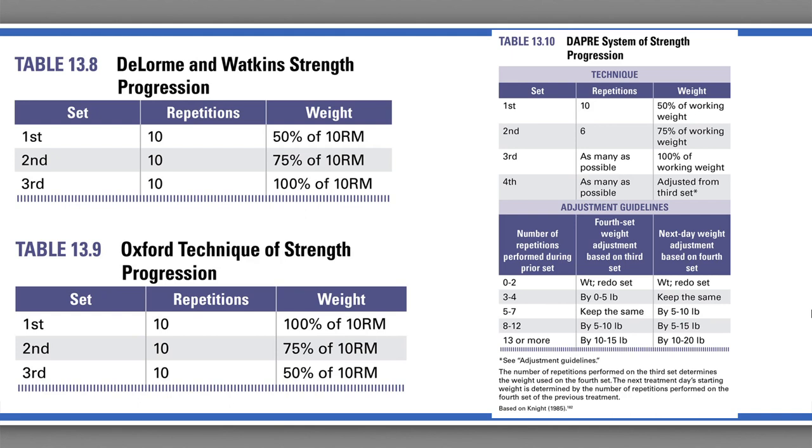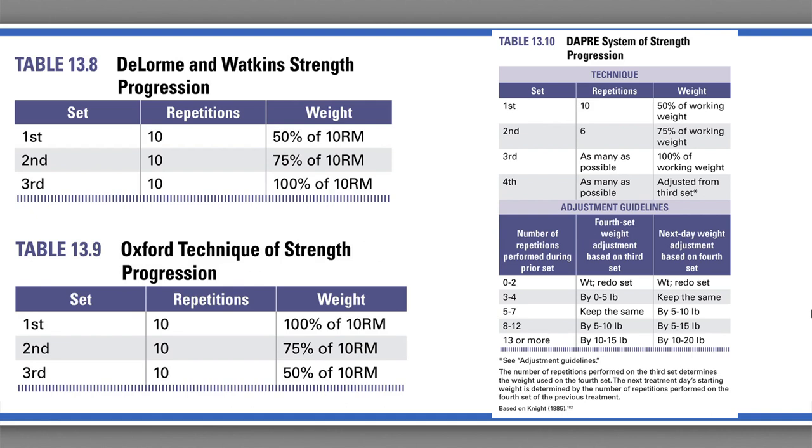Now, finally, you can see that the daily adjusted progressive resistive exercise program is laid out on the right side of the screen. Now, it does mirror the DeLorme-Watkins strength progression in that the percent of working weight actually increases.